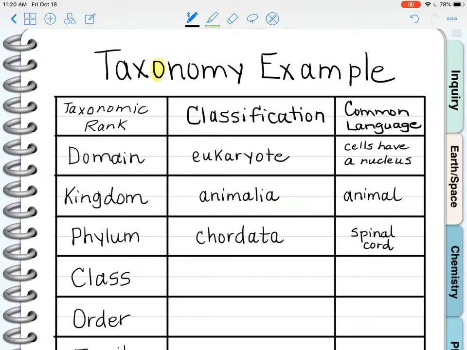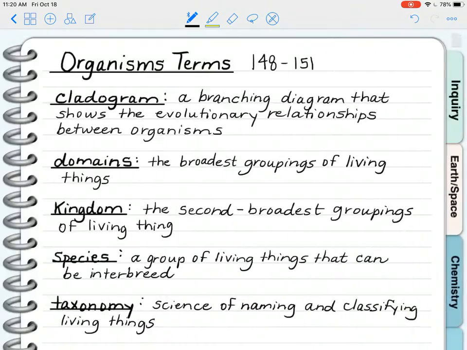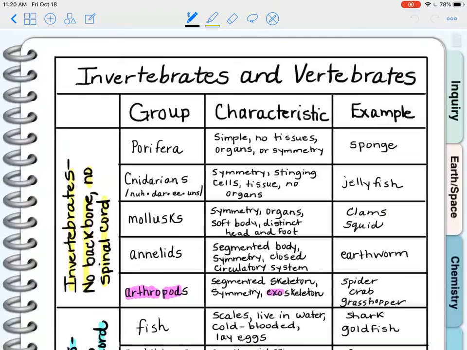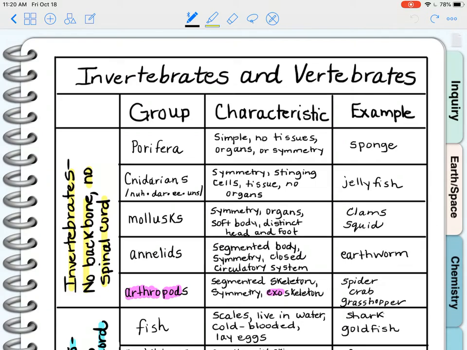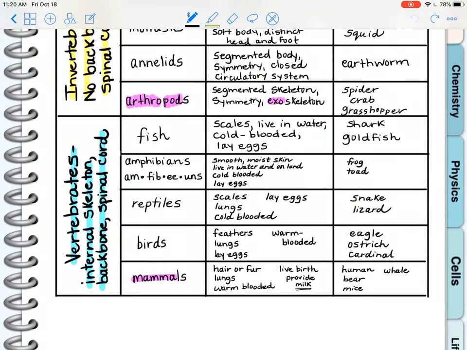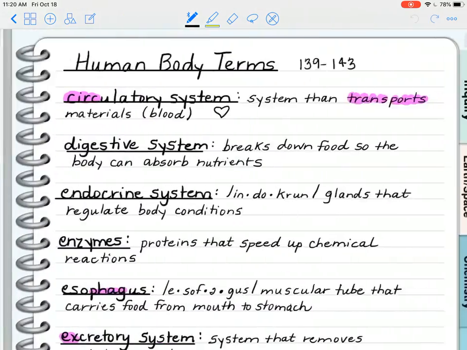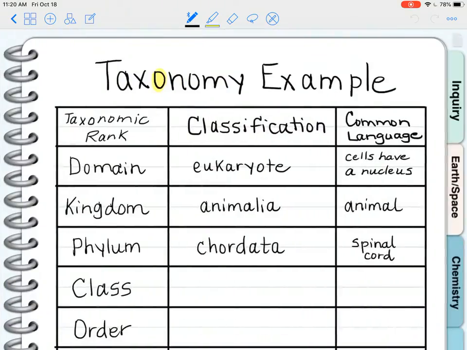It's a vertebrate. So anything on that invertebrate table, let me flip back over there just a minute. Anything up here in this top section is out because it has a spinal cord. So I've narrowed it down. It's going to be something in this vertebrates category. So back to my table.